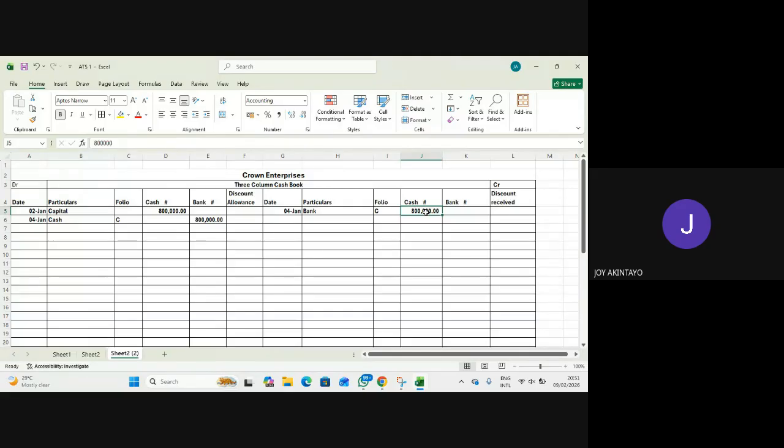What's the next transaction? First of January. January 5: purchases by check, 270,000 naira. We purchase by check 270,000 naira. How do we treat?